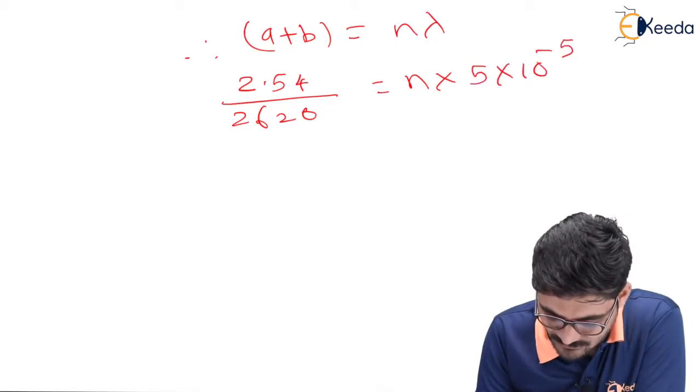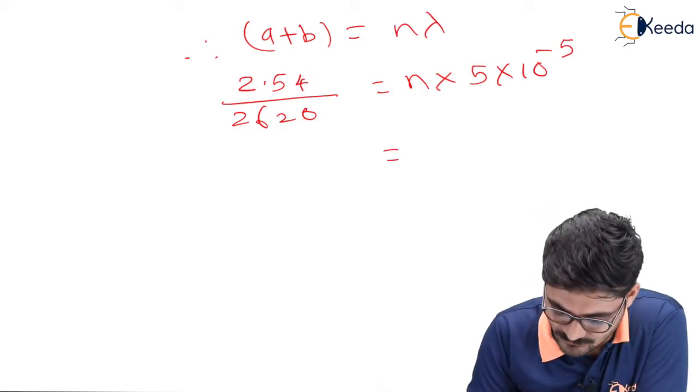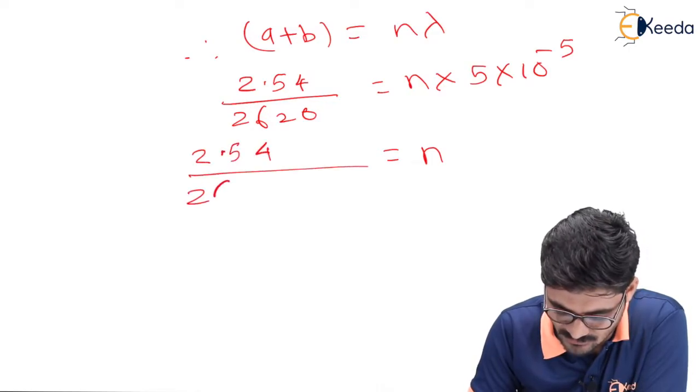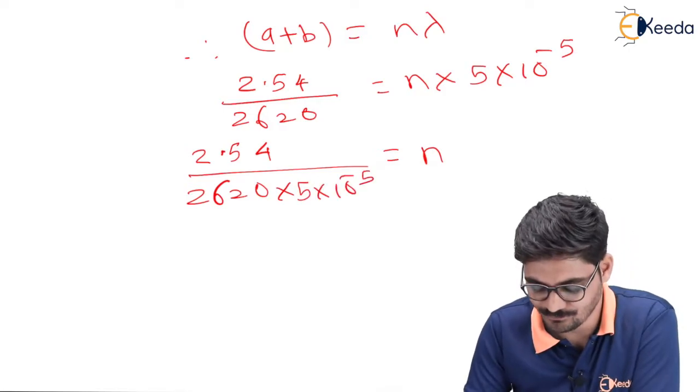Now sending all of these to the LHS, we get n is equal to 2.54 divided by 2620 into 5 into 10 raised to minus 5.